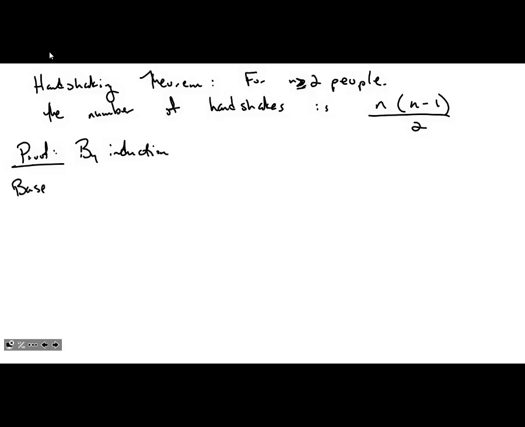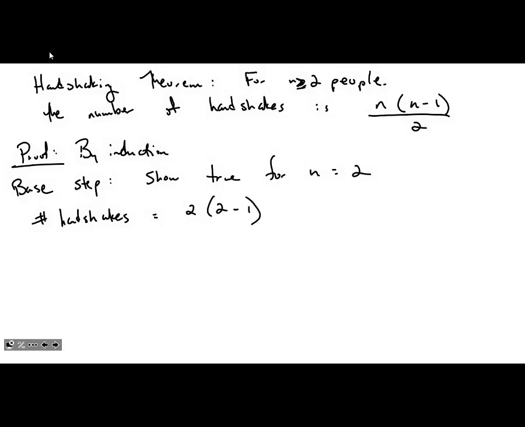And so first, we look at the base step, and in this case, we are going to show true for n equaling 2. Would make sense to have n equal 1. And so let's show that this is true for n equal 2. So the number of handshakes would equal 2 times 2 minus 1 over 2.